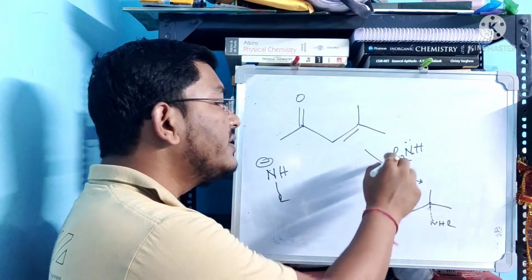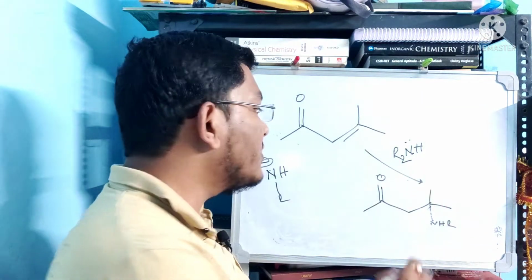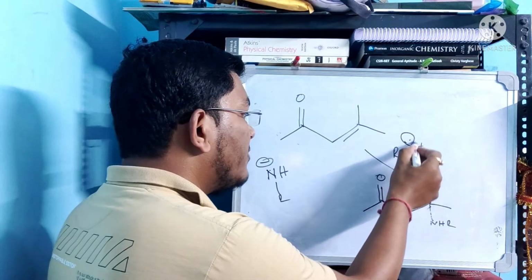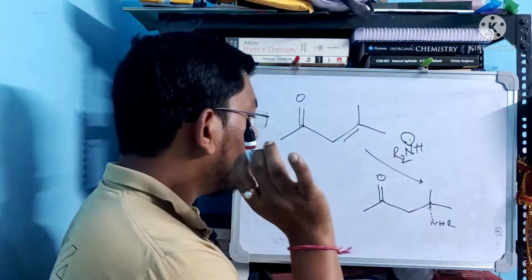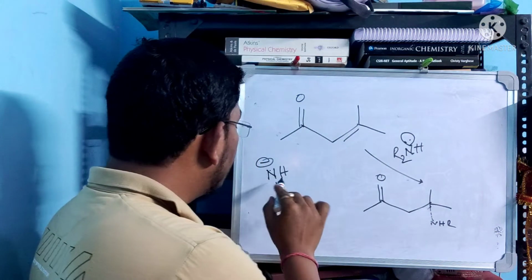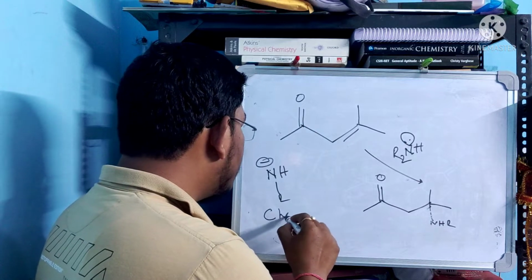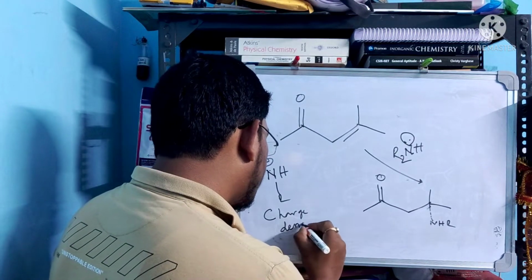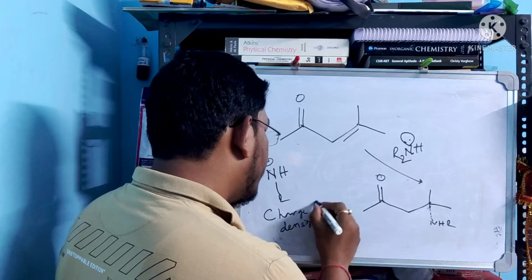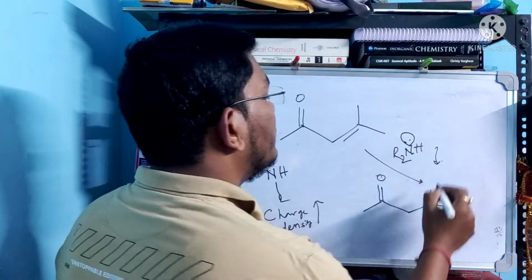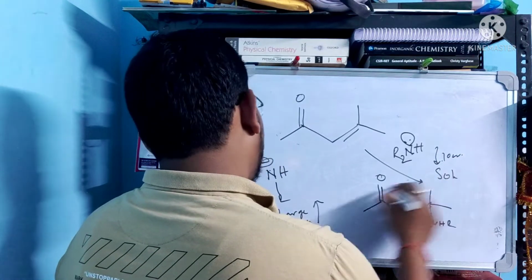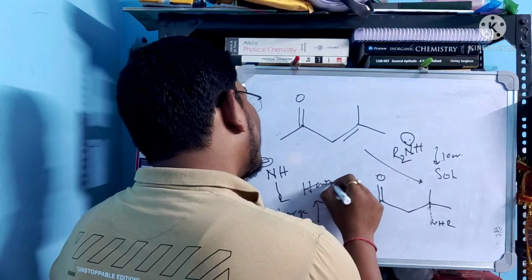Now we did not use any kind of base. It's simple, its lone pair will act as a donor. Now here charge density is more, is high, here comparatively low. Now low means softer, high means harder.